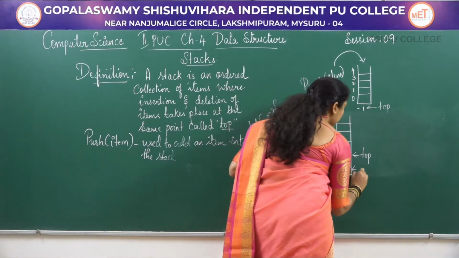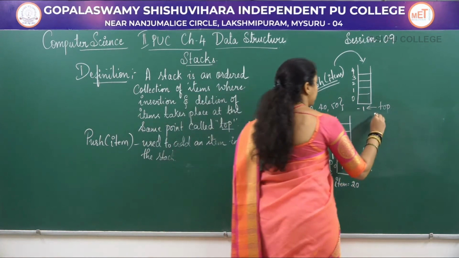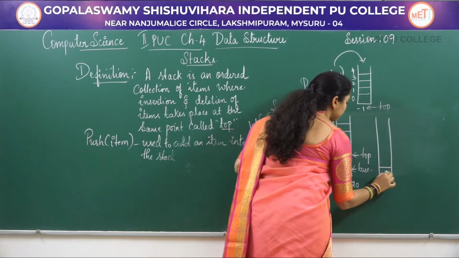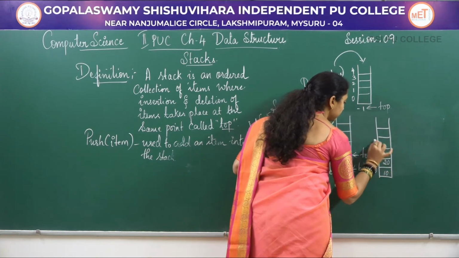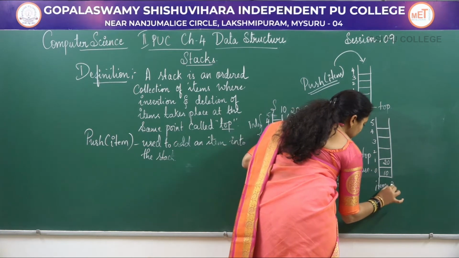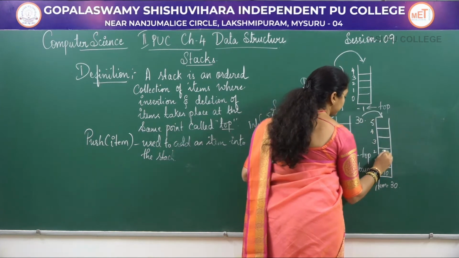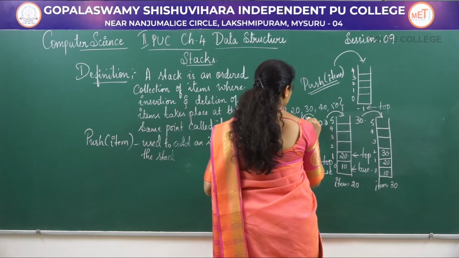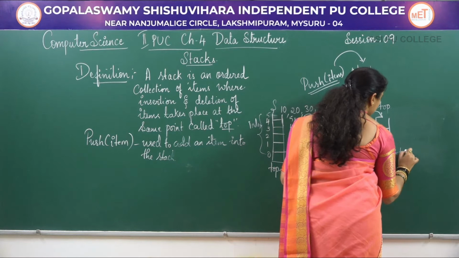This is the base of the stack. Next I am going to add the element 30. Item 30 is inserted into the stack; here 20 is inserted, here 10 is inserted. Now the top of the stack is position 2.